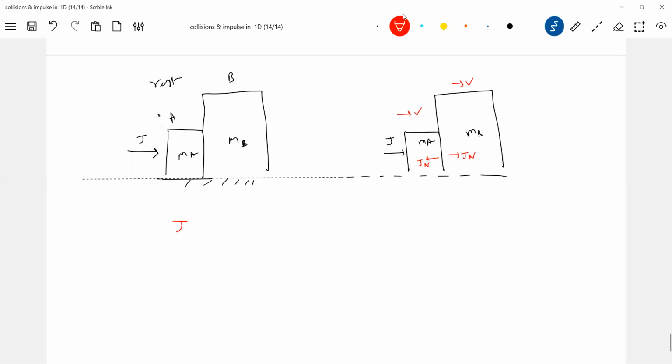So what is the equation? J minus Jn equals MAV, and Jn equals MBV.